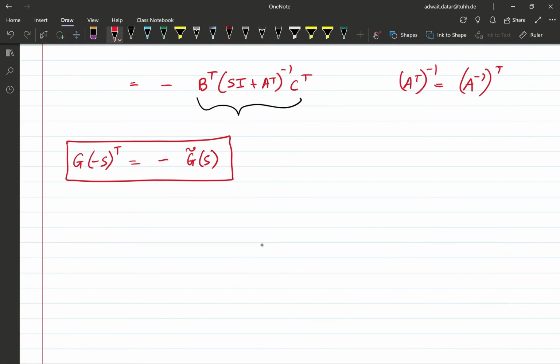Let's think of the scalar case for simplicity, and you can try to work it out for the vector valued case later.